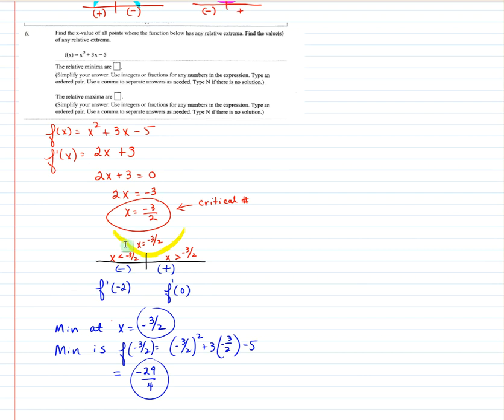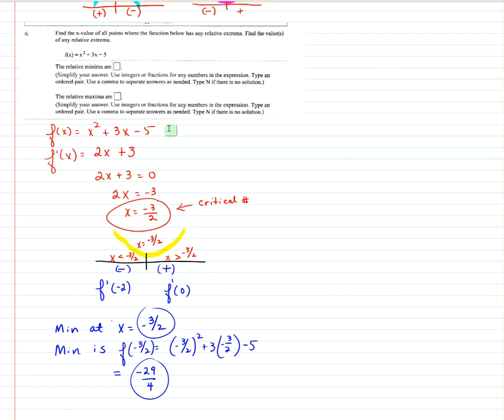So that's telling me, if I do that, that's falling, that's negative, then it's positive, that looks like a min. So I have a min at x equals negative 3/2. The value of the min, I plug negative 3/2 into the original function.